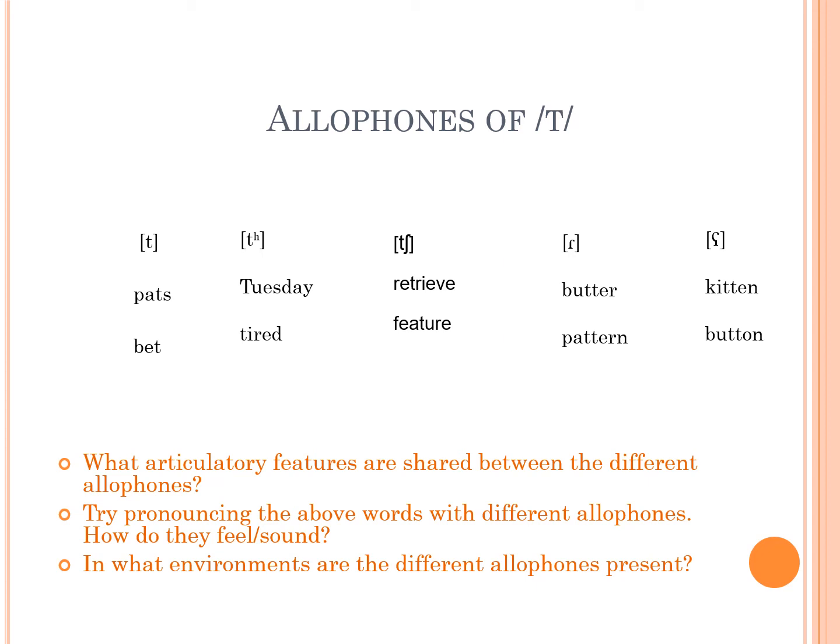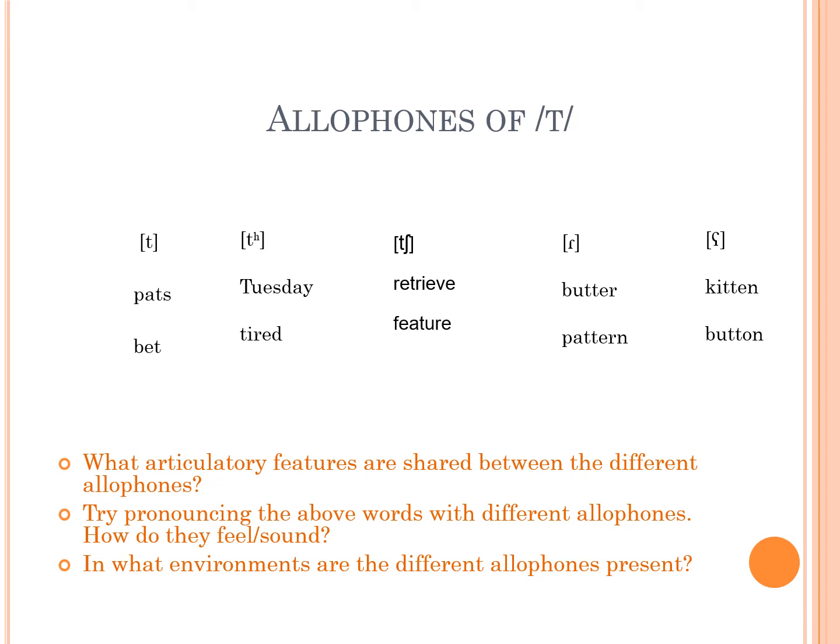We have an almost ch sound for retrieve and feature. It's pretty clear for me. It sounds like ch when I say feature, even though again, when we perceive that, we're still really hearing t, that it's a t there. We have what's called a flap, created with our tongue just flapping up against that alveolar ridge, for butter and pattern.